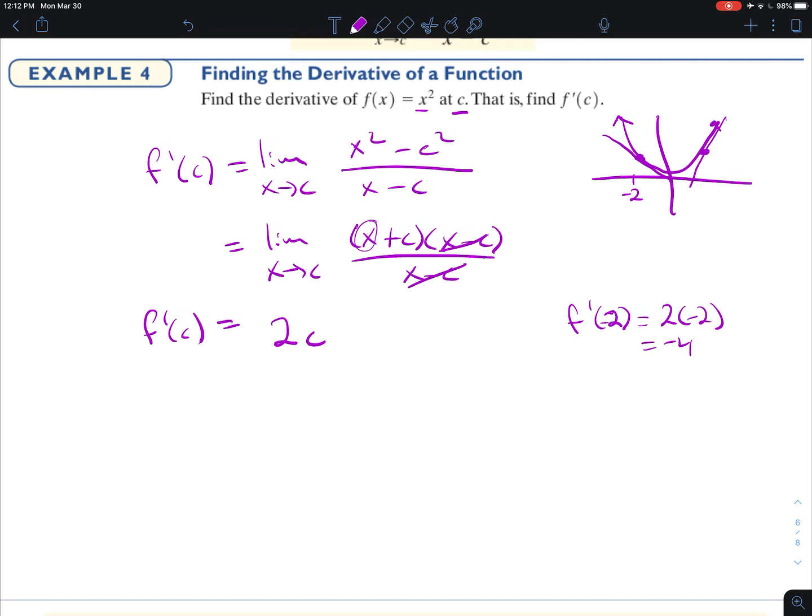The slope is -4. And if I wanted to find f prime, the slope, at 3, I would just plug in 3, and that turns out to be 6. So you've got a rule for any value on x squared to find the slope of the tangent line at that point.